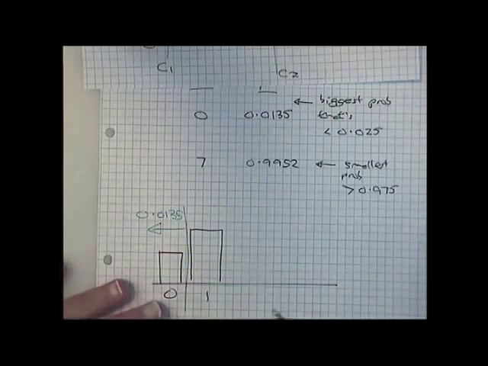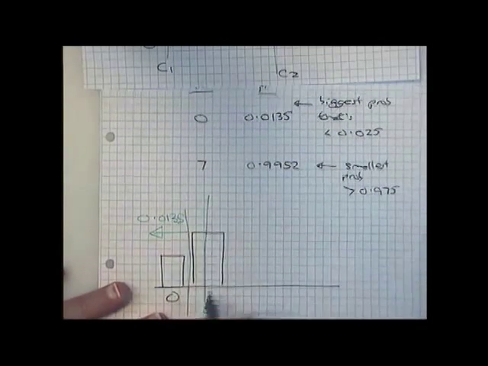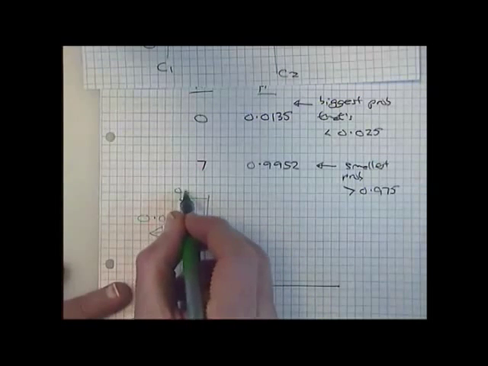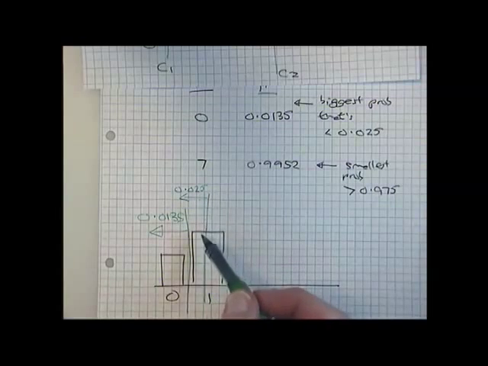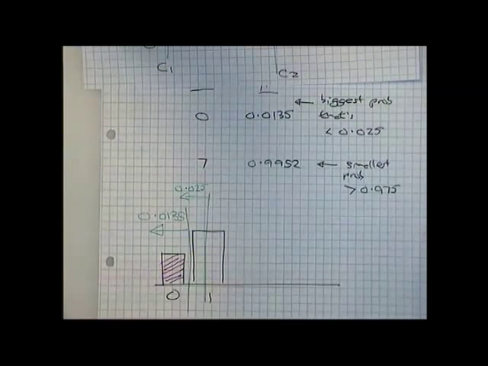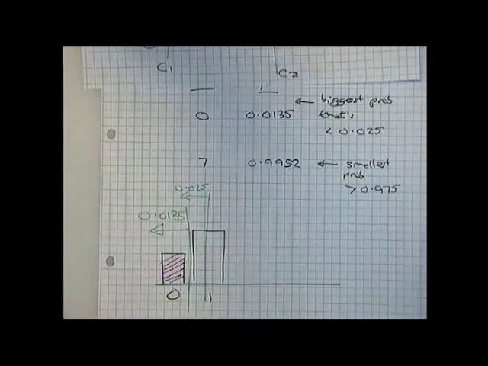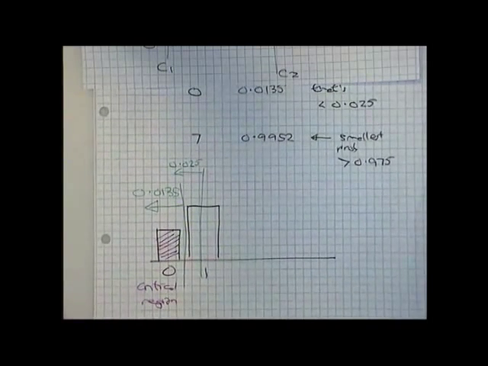And I know that the 0.025 is somewhere here in this bar, because the 1 number is more than that, because that's included all of that. So the 0 is critical region. The 1 is not.